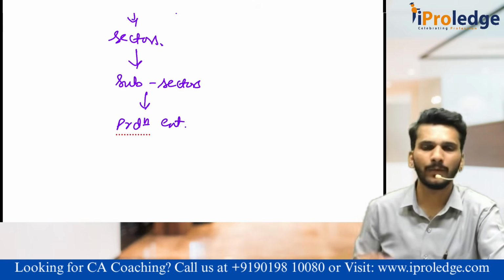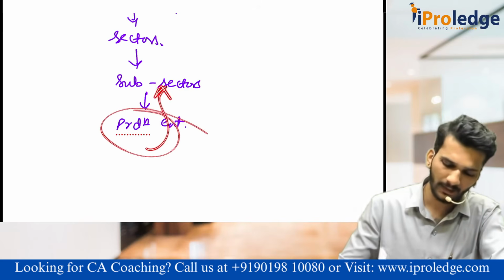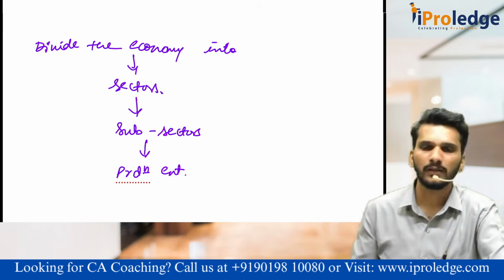Producing enterprises may be goods or services. If you total up these producing enterprises, you get the subsector total. If you total up the subsectors, you get the sectors. If you total up those, you get the economy's total.